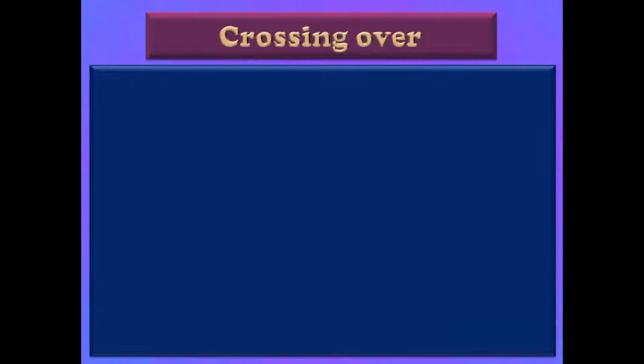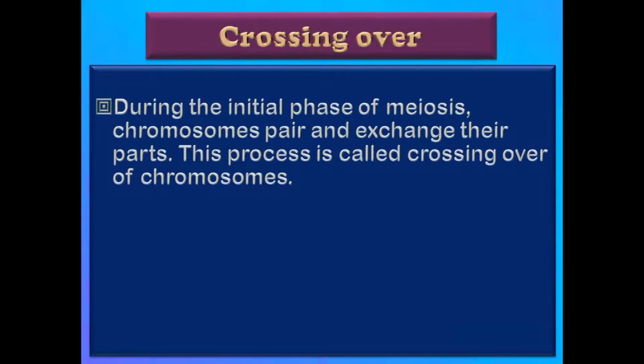Crossing over. During the initial phase of meiosis, chromosomes pair and exchange their parts. This process is called crossing over of chromosomes. Meiosis, as you know, is a type of cell division that takes place in gametes, the reproductive cells.